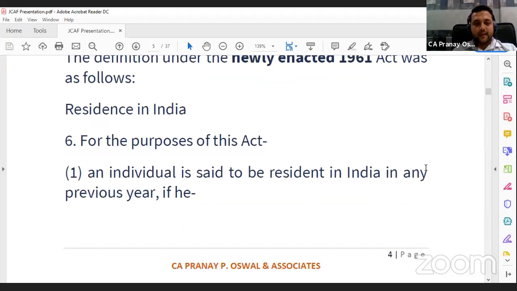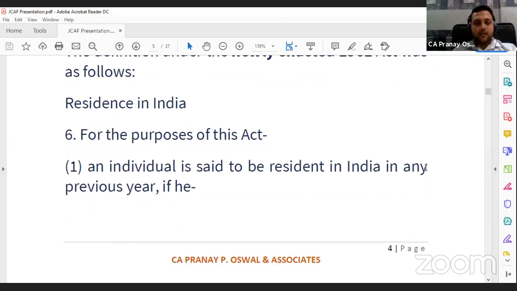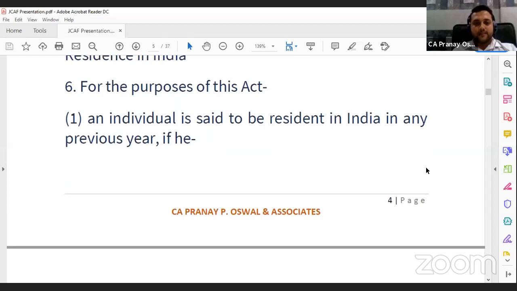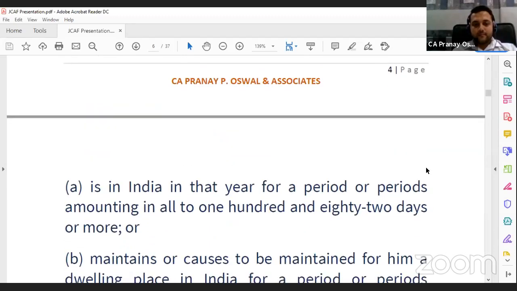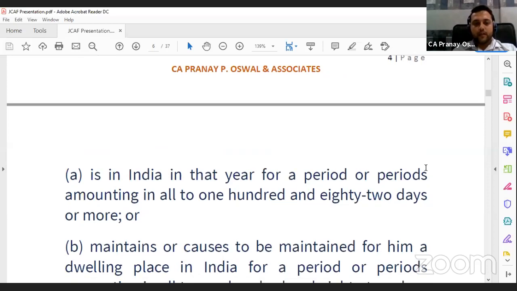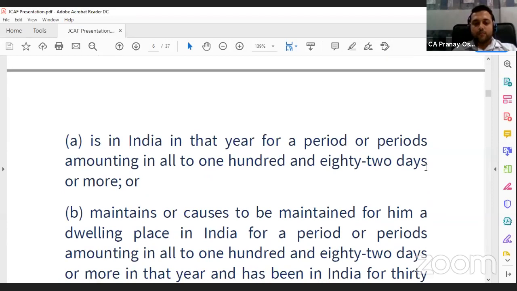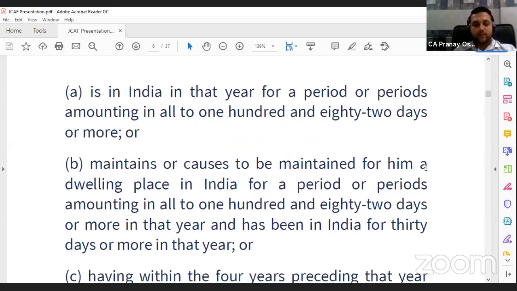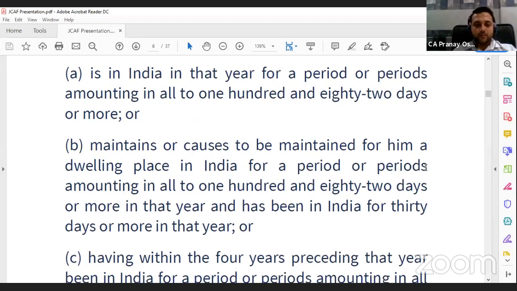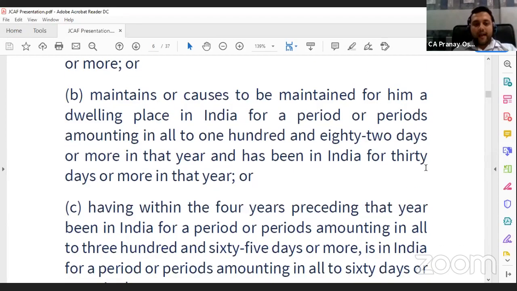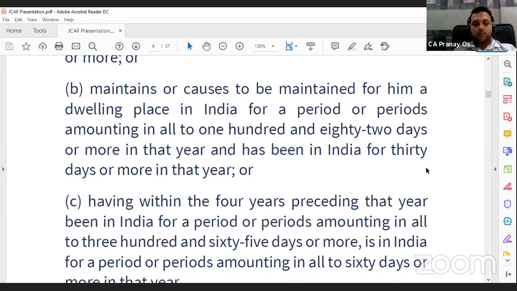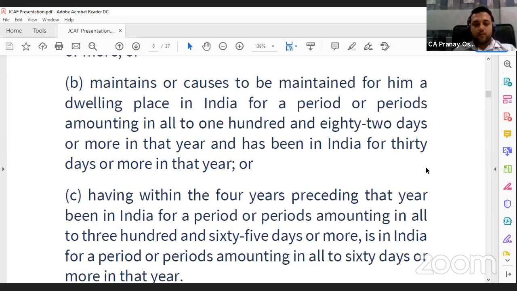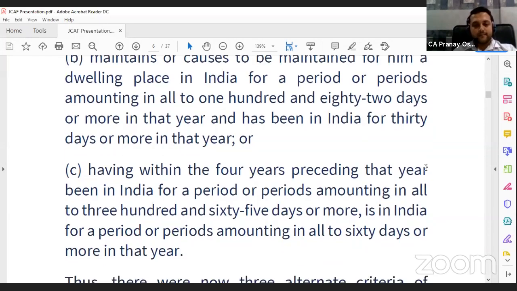Residence in India, for the purpose of this Act, as determined in Section 6: an individual is said to be resident in India in any previous year if he is in India in that year for a period or periods amounting in all to 182 days or more, or maintains or causes to be maintained for him a dwelling place in India for a period or periods amounting in all to 182 days or more in that year and has been in India for 30 days or more in that particular year, or having within the 4 years preceding that year been in India for a period amounting in all to 365 days or more, is in India for a period or periods amounting in all to 60 days or more in that year.